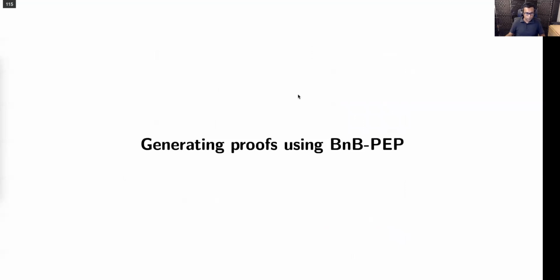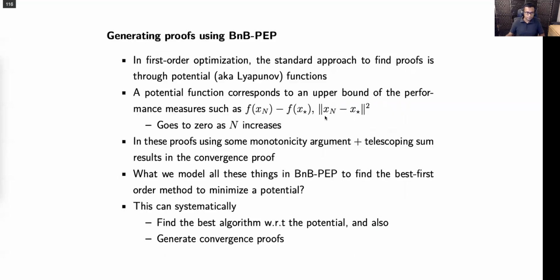So this is what I am going to talk about next: if our focus is generating proofs or generating step sizes that are analytical, we can do that too using BnB-PEP. Now, how do we do that? We do it through the so-called potential function minimization approach. In first order optimization, the standard approach to find proofs is through potential functions. What is a potential function?